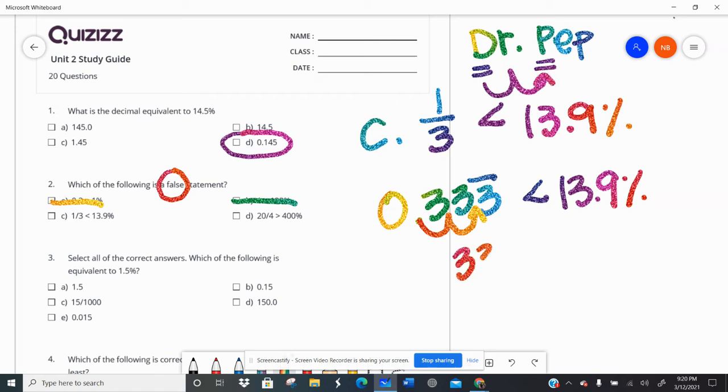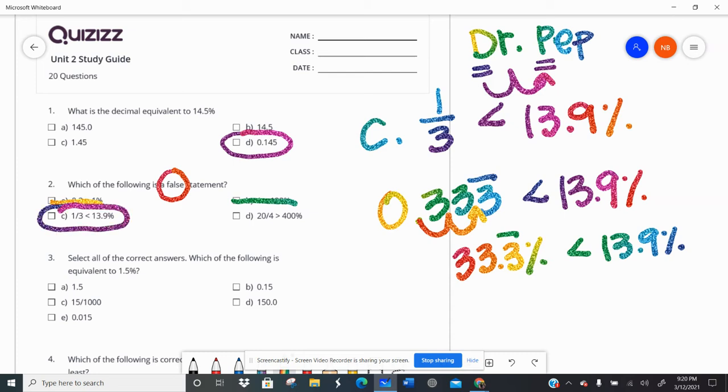So this is really 33.3%, repeating, is less than 13.9%. Well, wait a minute. That's not true. 33% would be greater than 13%. So I have found my false statement. It is C. 1/3 is not less than 13.9%.